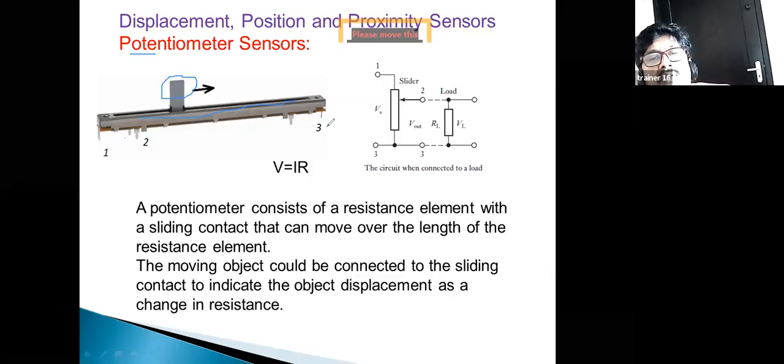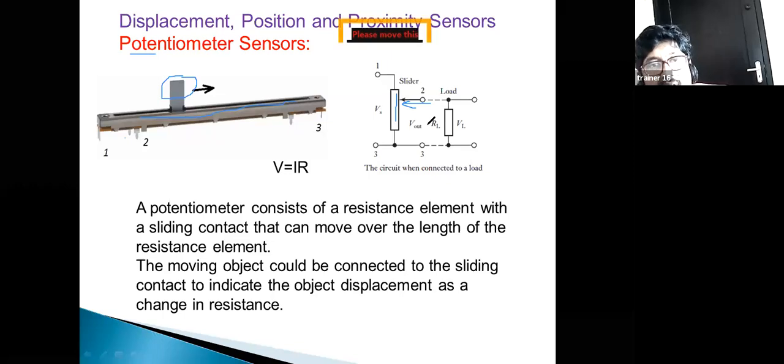Here the slider moves on the resistance element. When this slider moves or slides on the resistance element, there will be a change in the resistance. Once there is a change in the resistance, automatically the voltage varies.